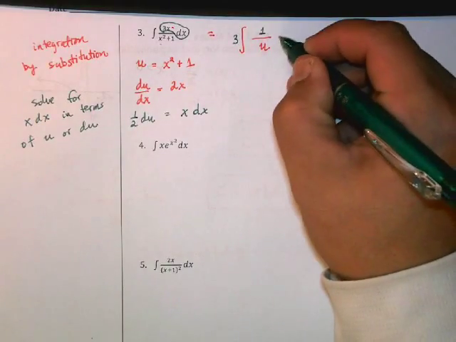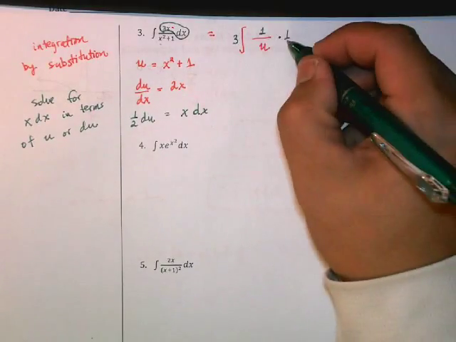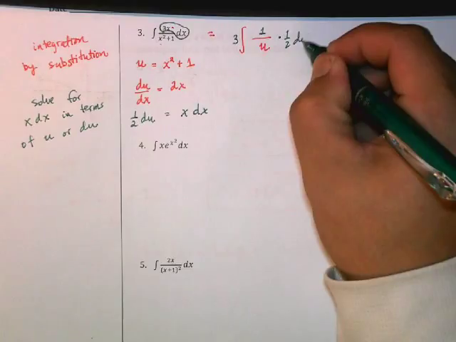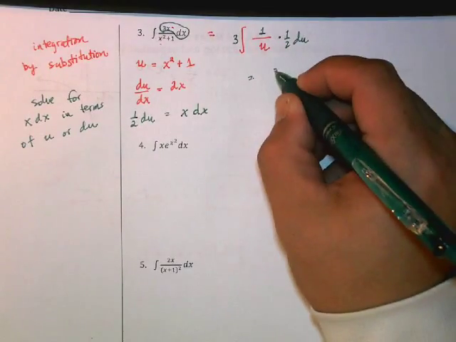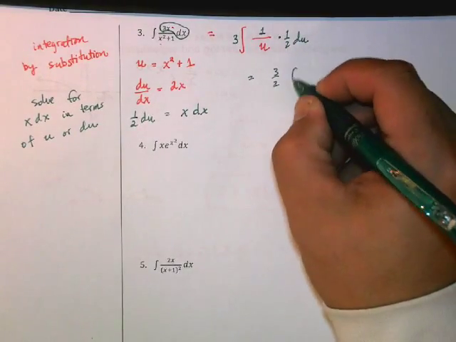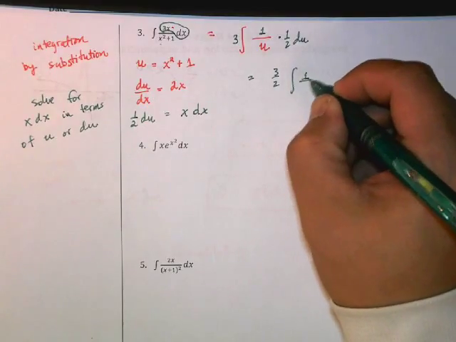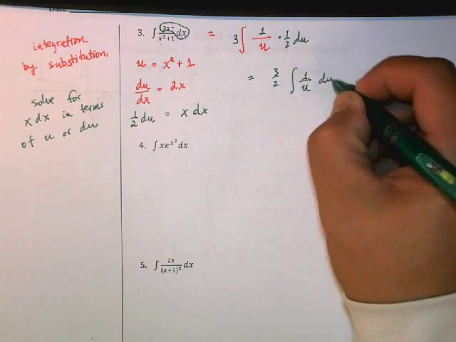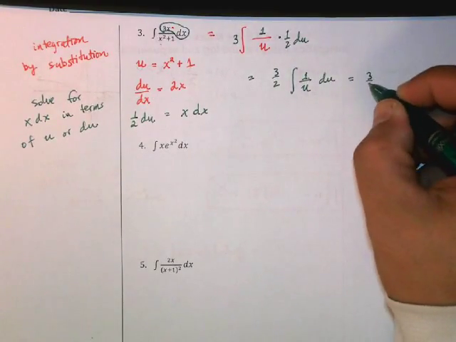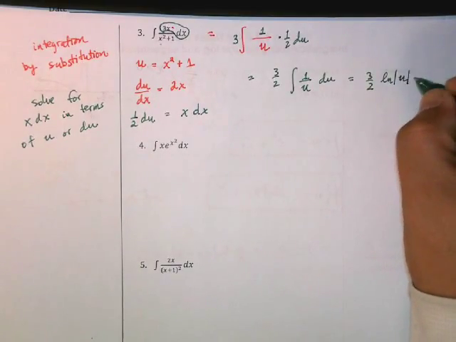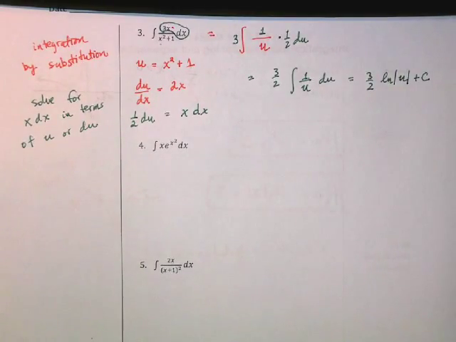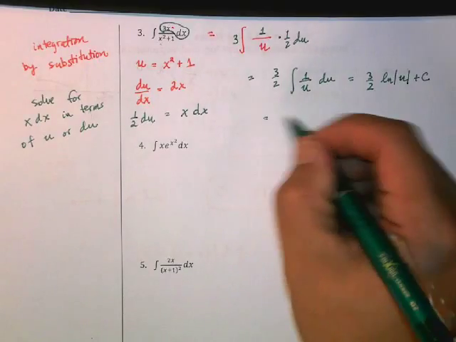So now we can make this substitution in here. This is just a 1, and then instead of the x dx we have 1/2 du. Then we can pull the constants out to the front, so you have 3/2, the integral of 1 over u du, which is equal to 3/2 the natural log of the absolute value of u plus a constant. And remember to substitute back.